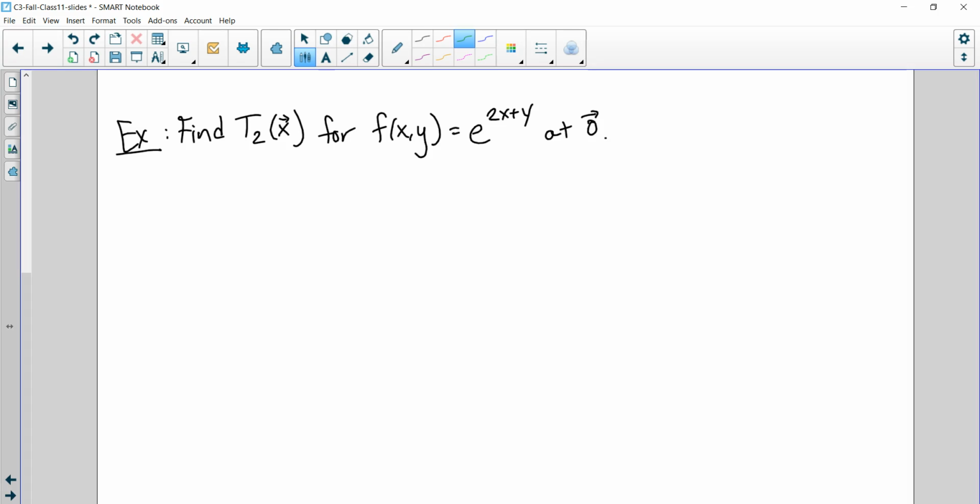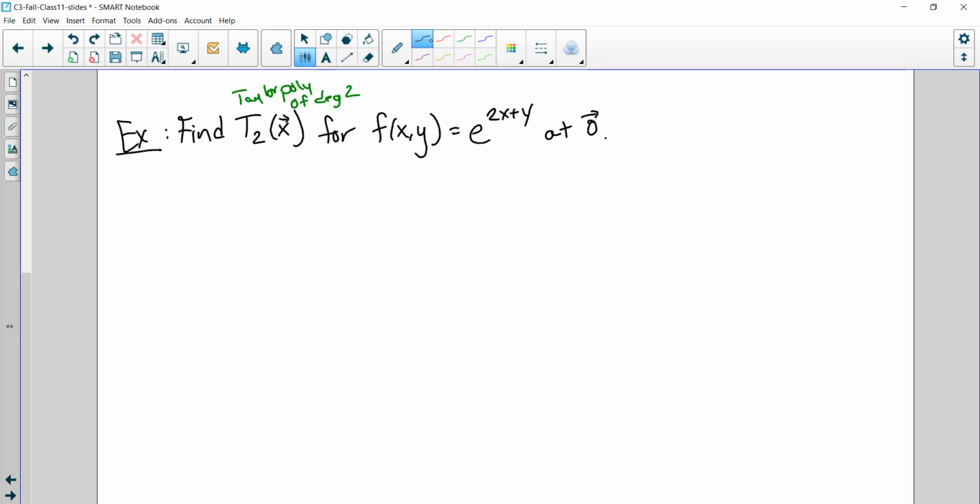If we want to find the Taylor polynomial of degree 2, for that particular function, what I'm going to do is start getting all the different pieces together, and then I'll assemble it all at the end.